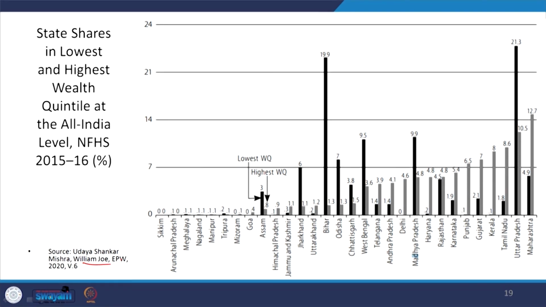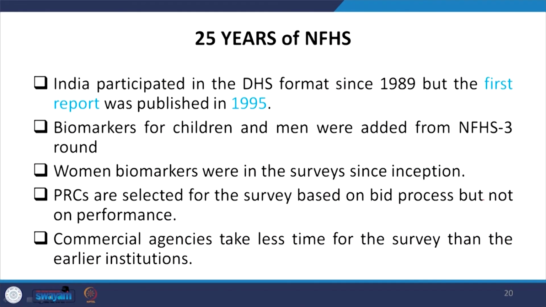Therefore, we are referring to it for your analysis, and look at the interesting results they derived out of NFHS 4. Here they compare the top quintile and bottom quintile population. Look at the gap and how the differences are there in different states. I am not analyzing these details at this moment, you can follow it up, and this is very indicative.